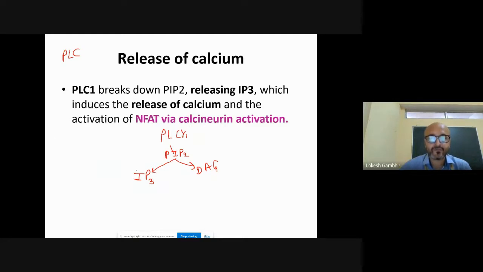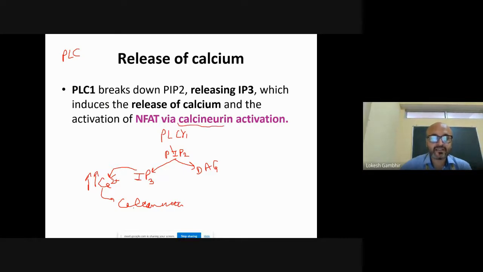This IP3 which is released leads to an increase in calcium concentration in the cytoplasm. Increase of calcium concentration will lead to the activation of its dependent protein called calcineurin.